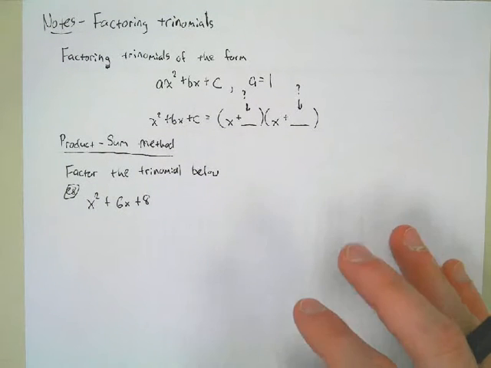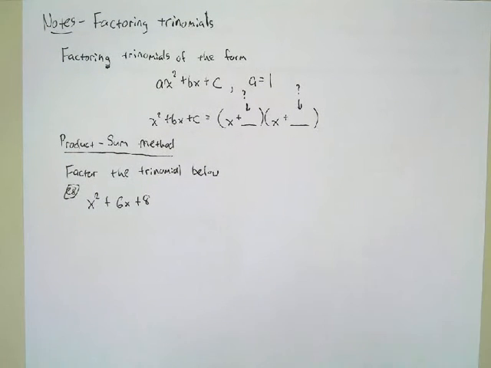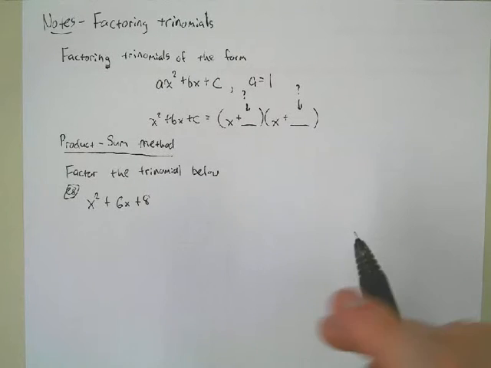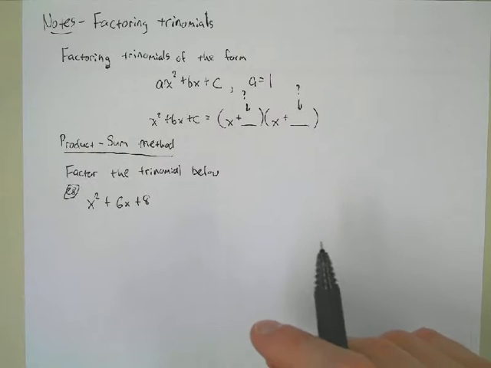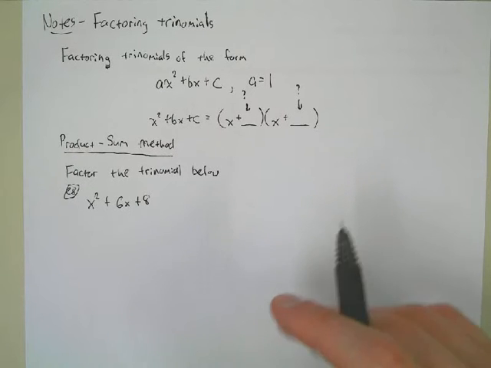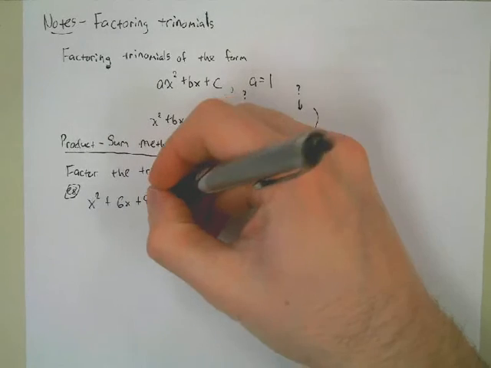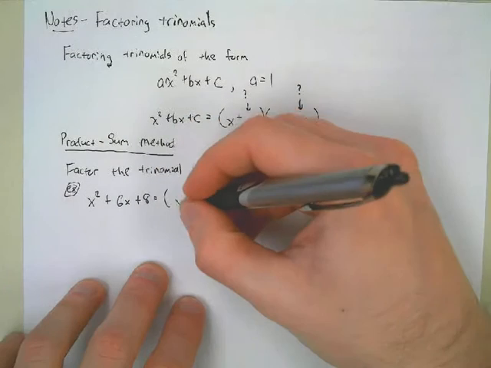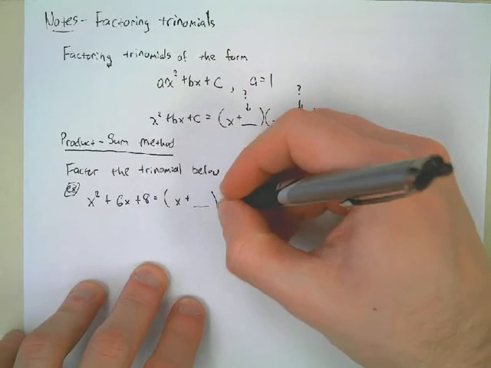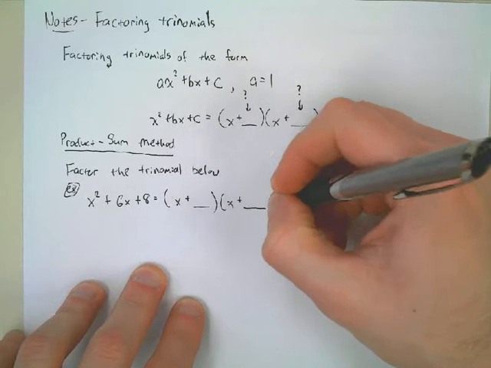I'm going to factor that. Now we saw back in the warm-up that again we're trying to make this factor so we have x plus something and x plus another something. We want to fill in those blanks there.